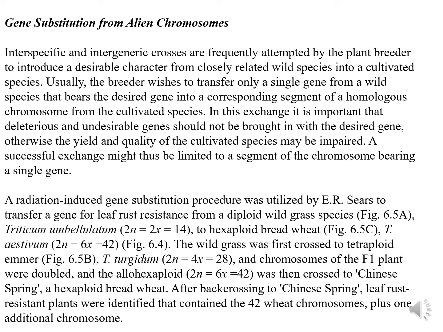I will explain an experiment that was done a long time ago, introducing one chromosome from a wild species called Triticum ampullatum to hexaploid bread wheat, and we end up with a chromosomal part that has rust resistance genes.